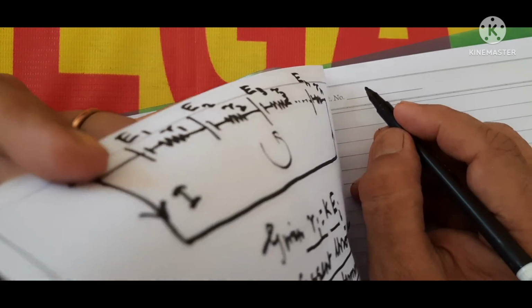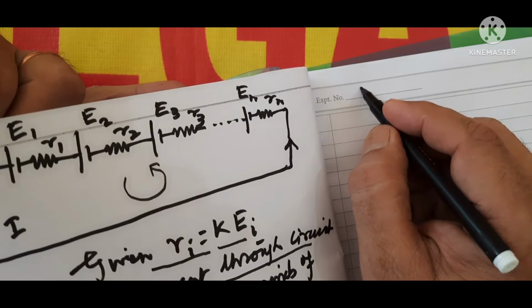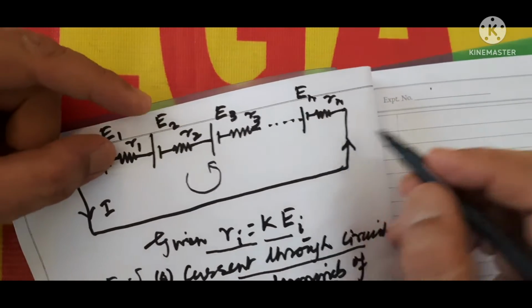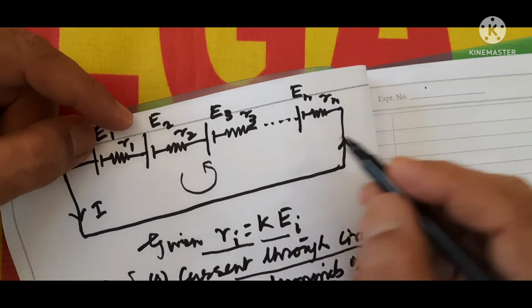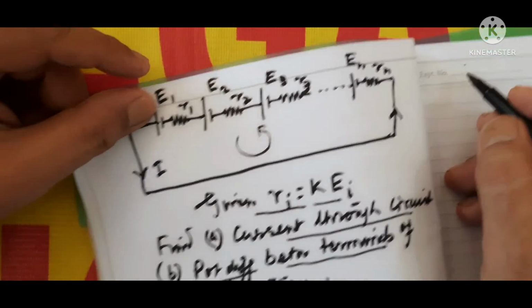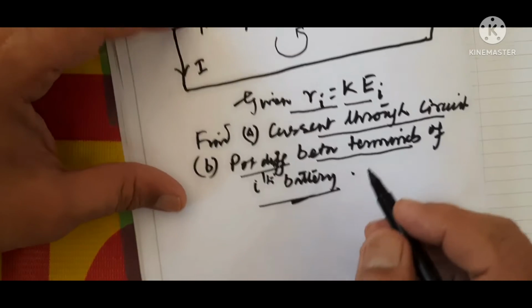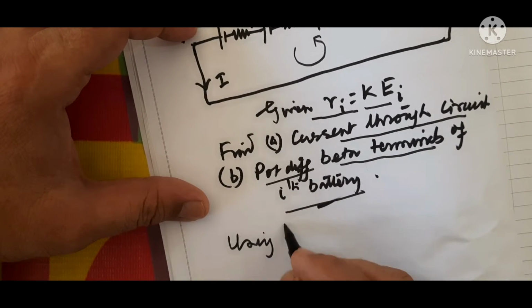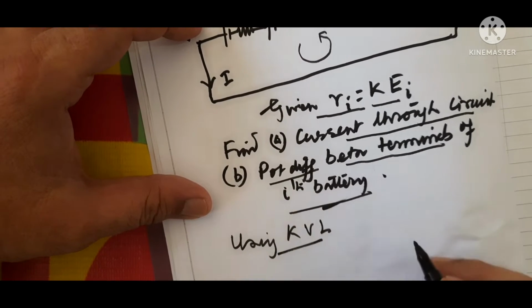Here it is, the total potential drop. We have to start from here. This is the direction anti-clock we have taken. So better is to use KVL, Kirchhoff's voltage law.